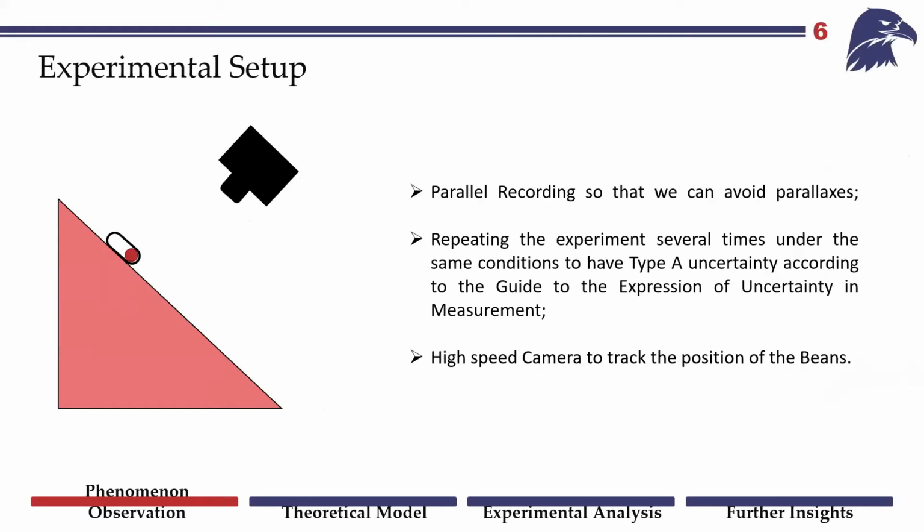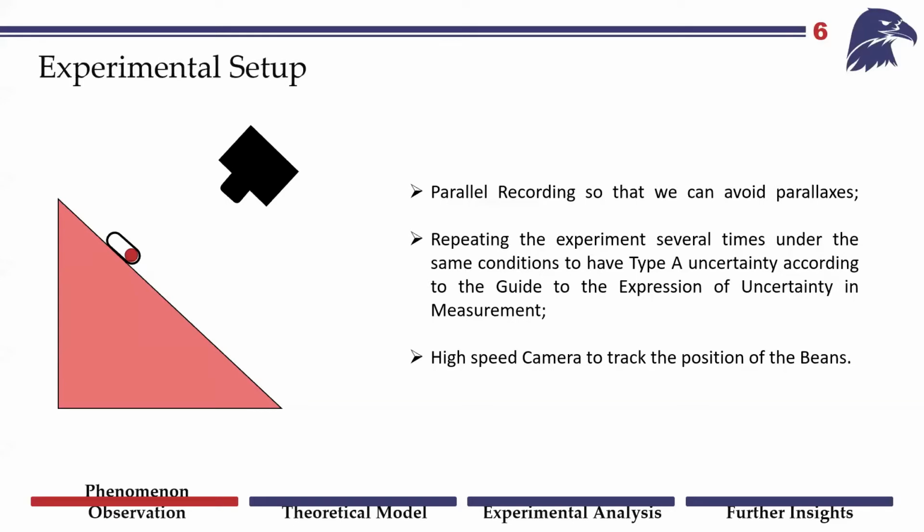So for the experimental setup, we have a parallel recording, so we avoid parallax in our experiment. That is, if it's moving in some other direction that is not captured by the camera, we might underestimate its velocity, location, or displacement. Then repeating the experiment several times under the same conditions gives type A uncertainty according to the Guide to the Expression of Uncertainty in Measurement, 2018, which we used.